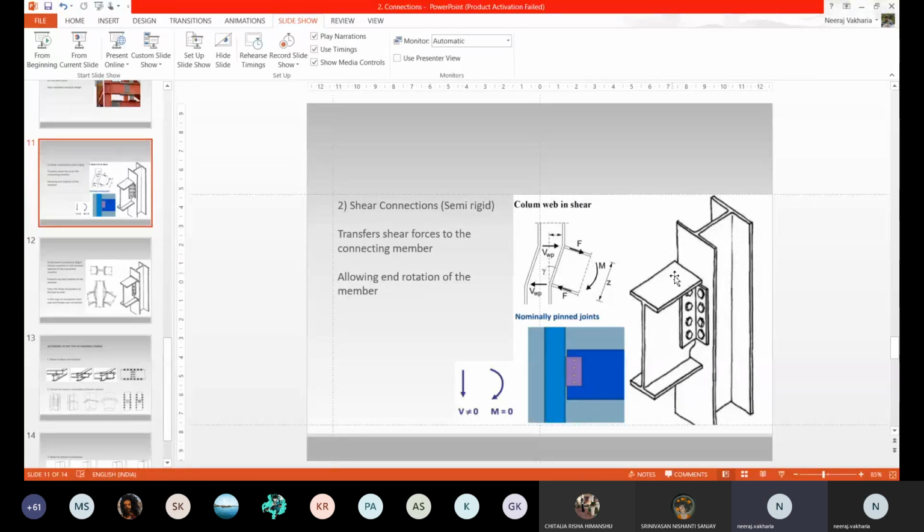If we make the joints rigid, there are chances of cracks developing in the welding, or the bolts getting loose. So it depends on the design, how rigid we want the joint. If we don't want to resist the moment and we want some flexibility there, then we won't be joining it with the moment connection.